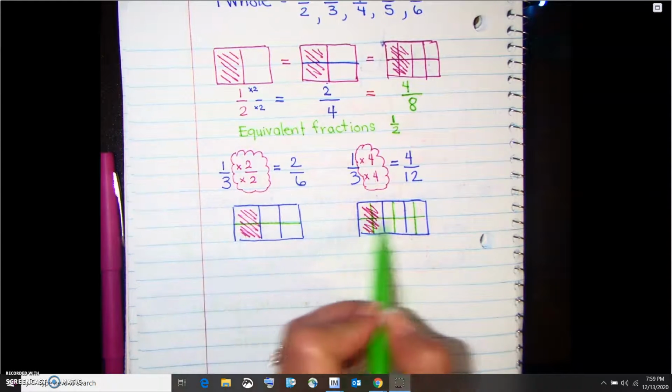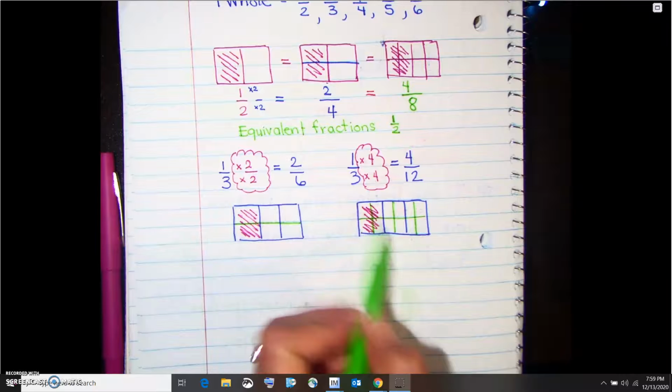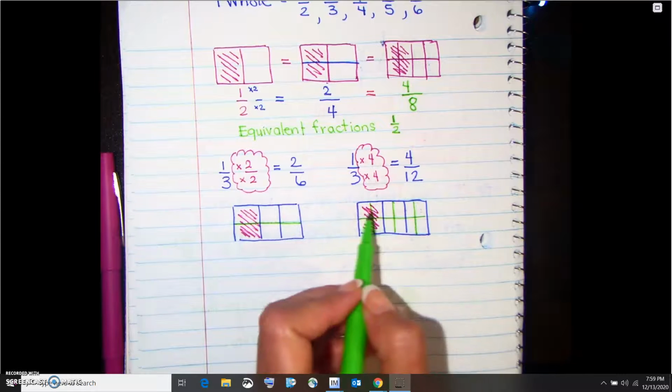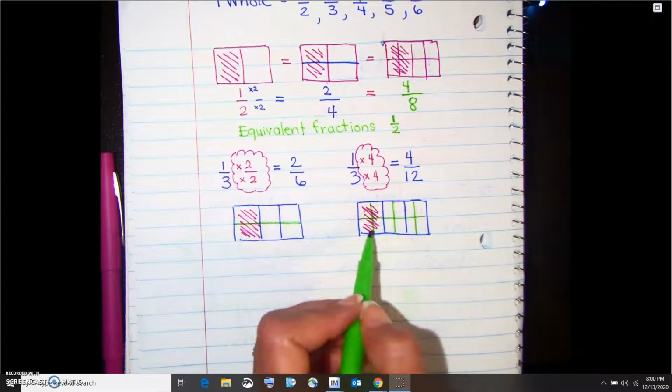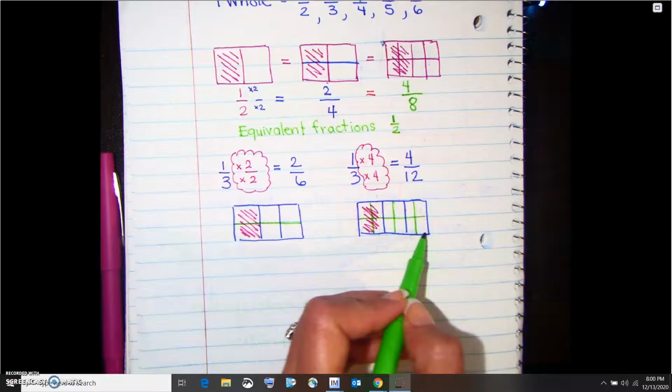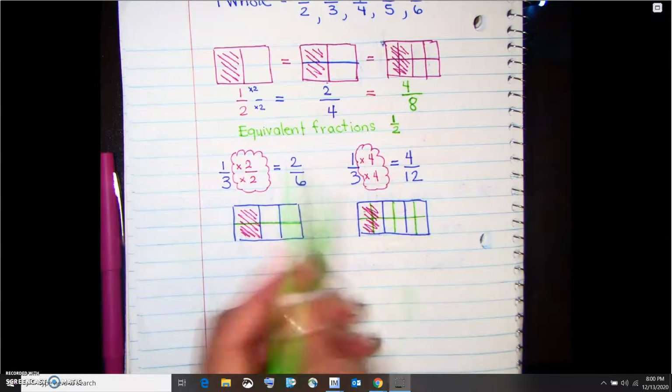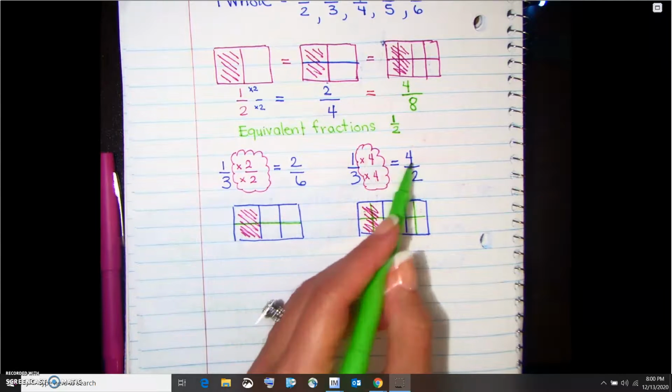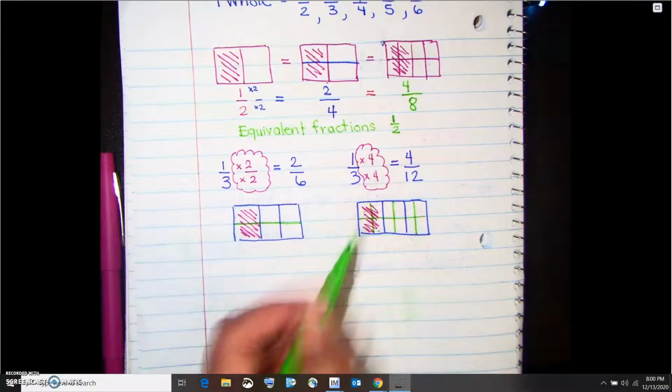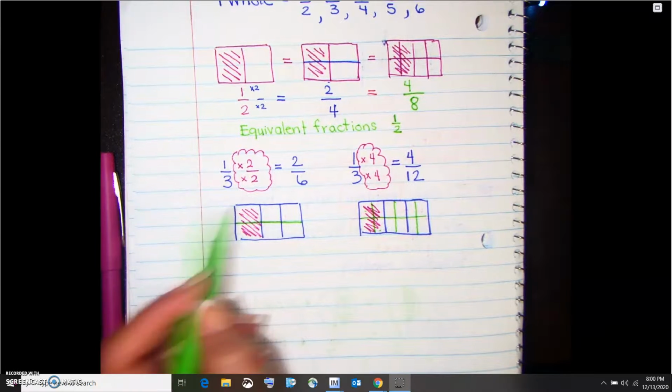So my new lines are 1, 2, 3, 4. And let's count to see if I have 12 parts. 1, 2, 3, 4, 5, 6, 7, 8, 9, 10, 11, 12. Okay, that's how I got the 12. And that's how I got the 4, because I added 4 more lines.